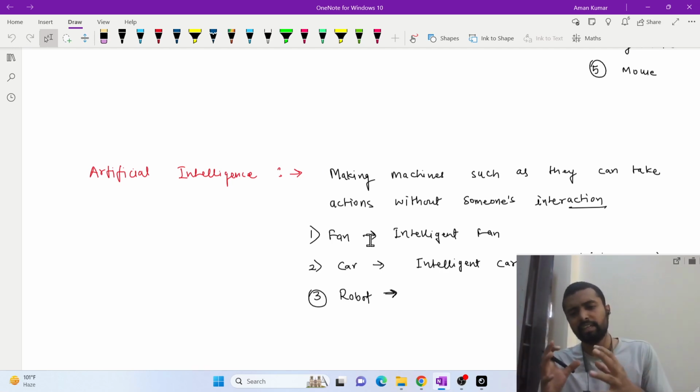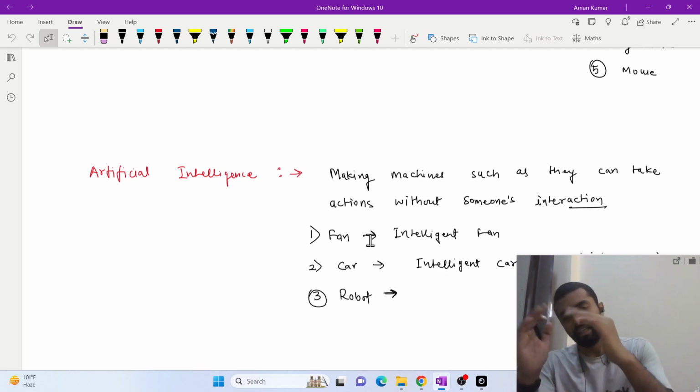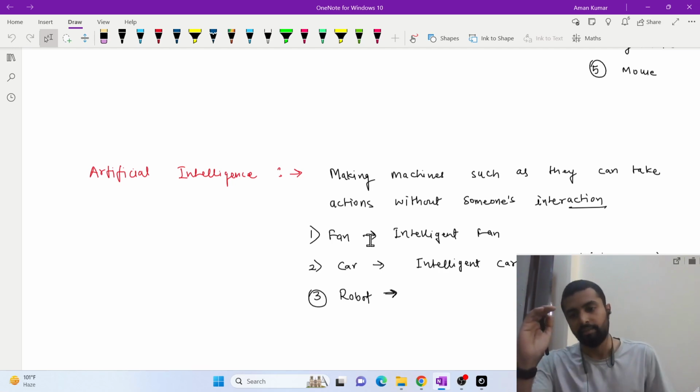And data science is a small part of AI. Data science is just a part of that big umbrella, right?